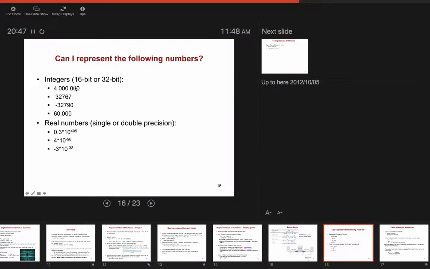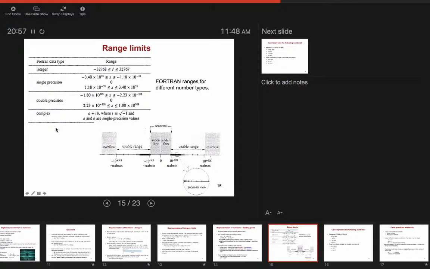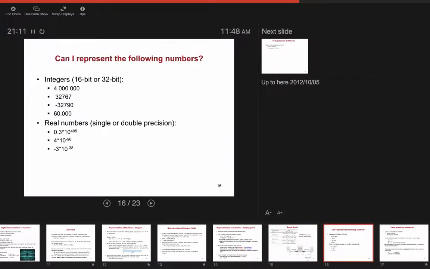Okay. Real numbers. Can I do this one? Let me go back to the limits. Single precision, no. 405 is way above 38. It's also above 308, so I can't do it in either precision. Next, 4 times 10 to the minus 90. I can in double precision, I can't in single precision.